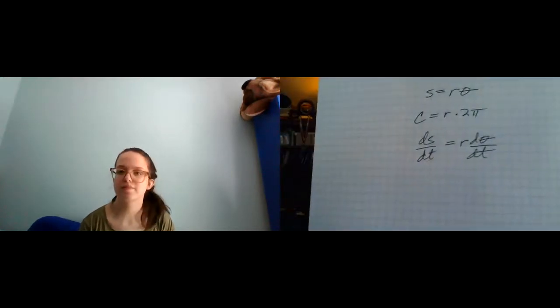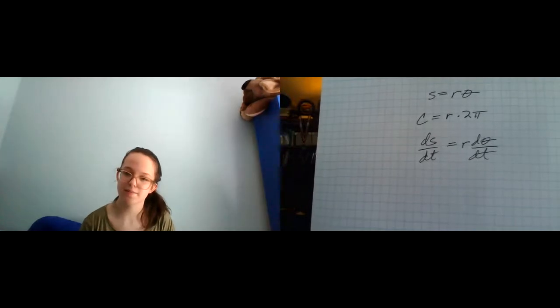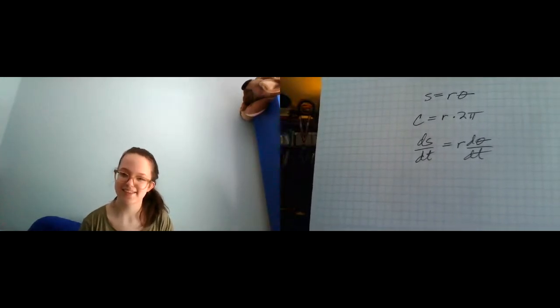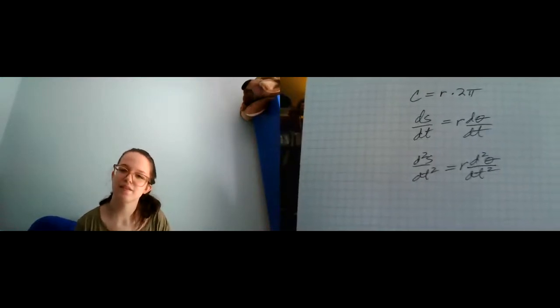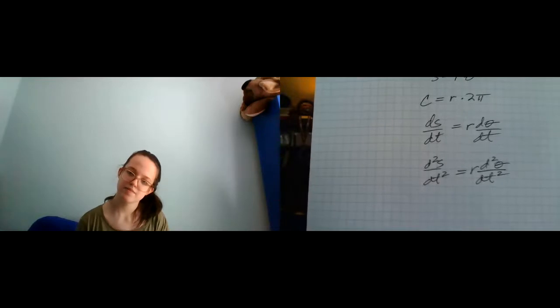If I take the derivative with respect to time, I would get this equation: v equals r omega. That's one you looked up. And if I take the derivative again, I would get a equals r times alpha.